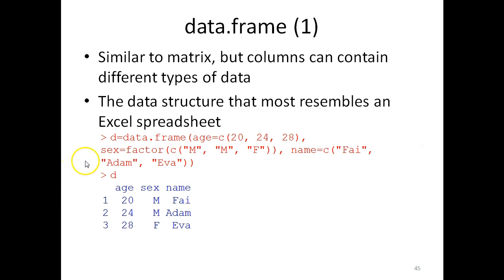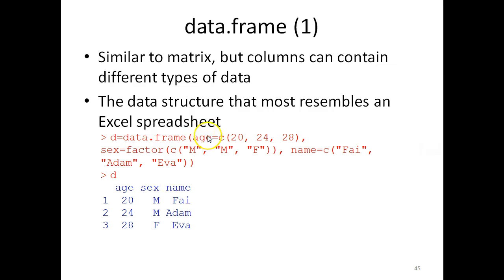In this example, we'll create the data frame stored in the object D, and we use the command data.frame with a point. As you can see here, we want 3 columns.